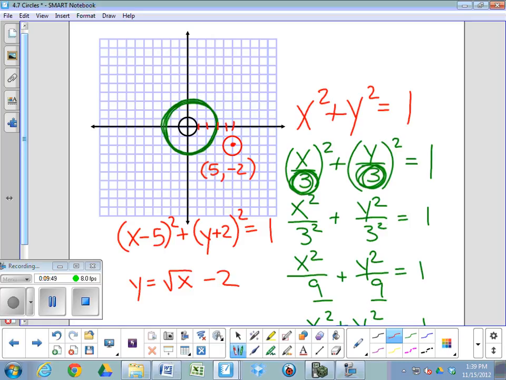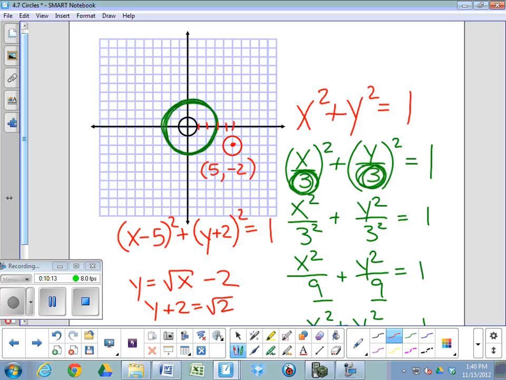Is that the square root of x down 2? What would that 2's sign be if it was over here with y? Right? If the up and down shifter is with y, it's plus for down and minus for up.